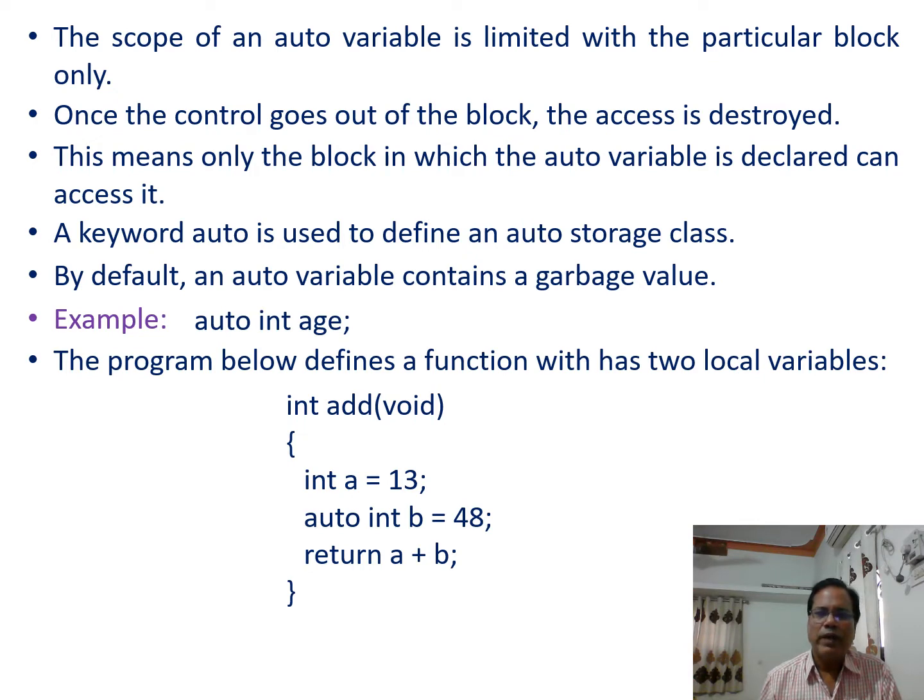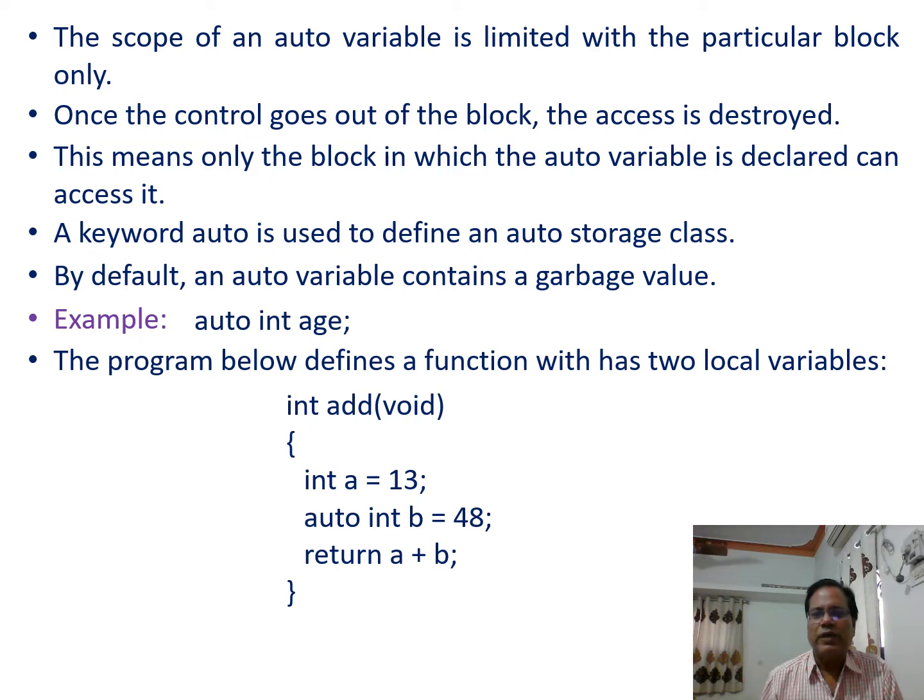Now, while declaring the variable a, the auto keyword is not used. So this a is not declared explicitly in the auto storage class. But even though we are not using the auto keyword, its default class is the auto storage class.